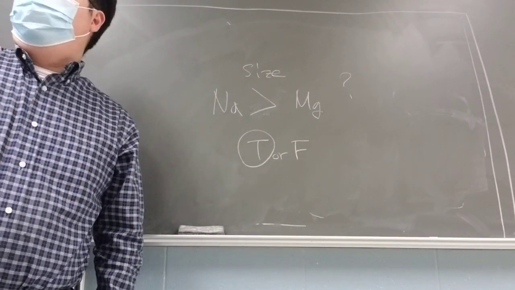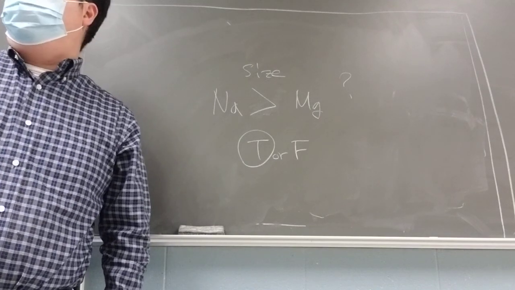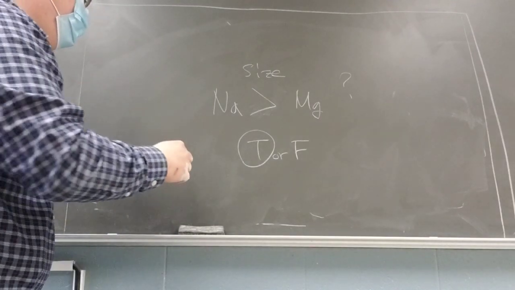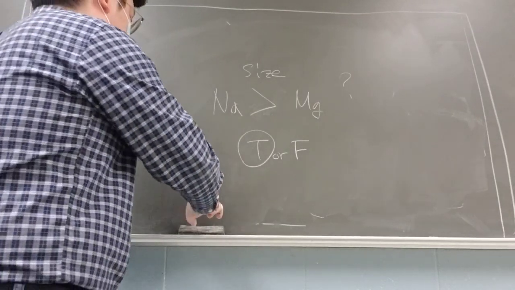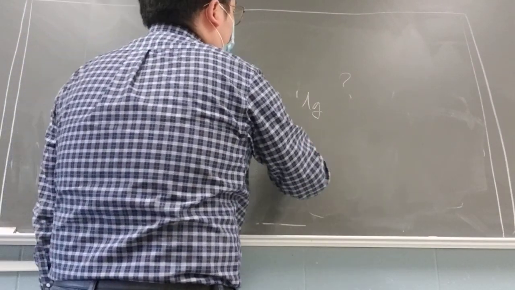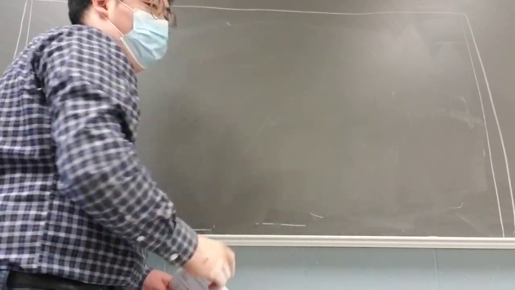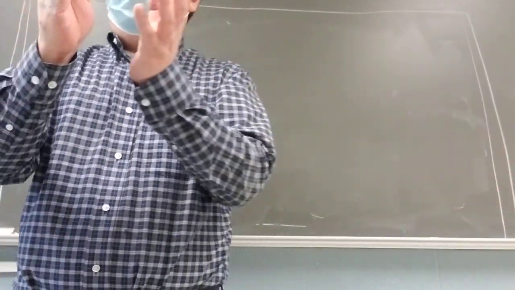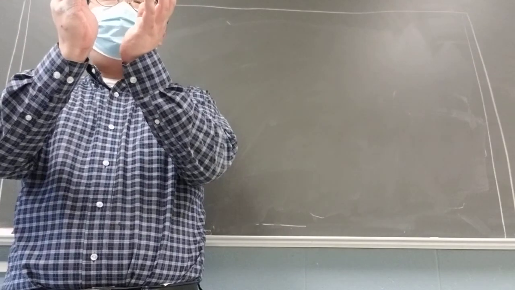Do you guys remember why it's smaller across the period? You don't have to know, but this is the general trend. It's just because of the quantized energy. As you add more electrons, the size is not gradually increasing.